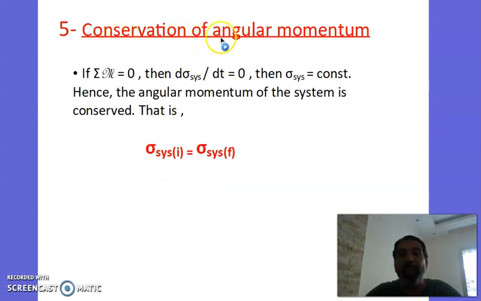Now, conservation of angular momentum. It's like the conservation of mechanical energy and conservation of linear momentum. There are conditions. What is the condition to have the angular momentum of a particle or a system of particles conserved? If the sum of moments is 0, the angular momentum is conserved.